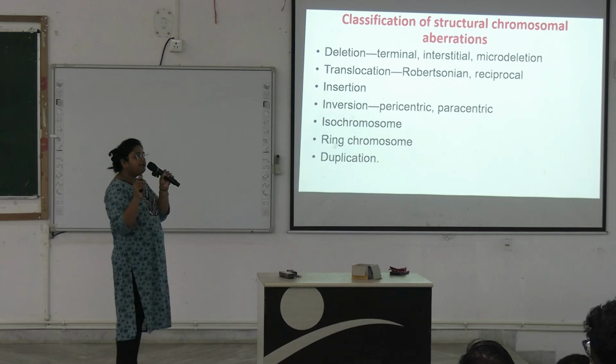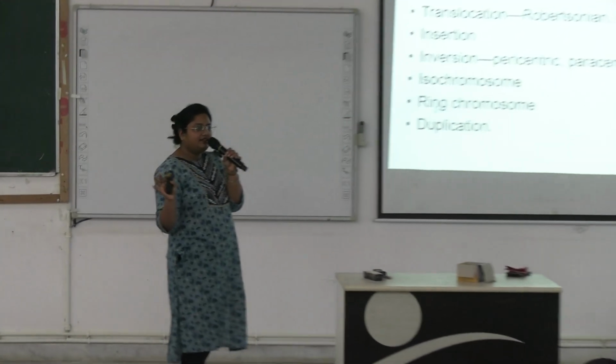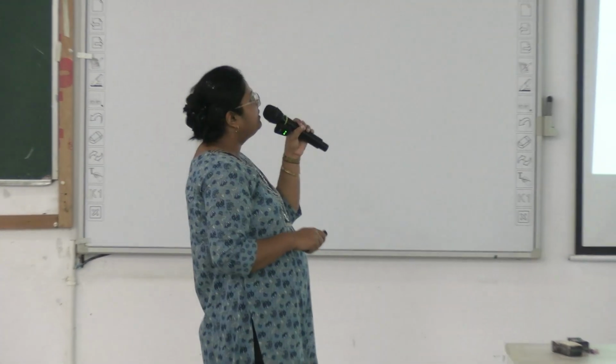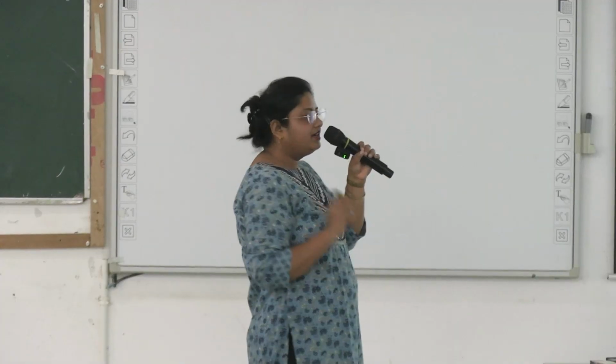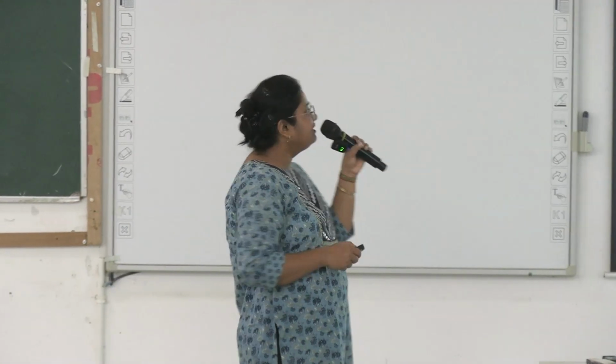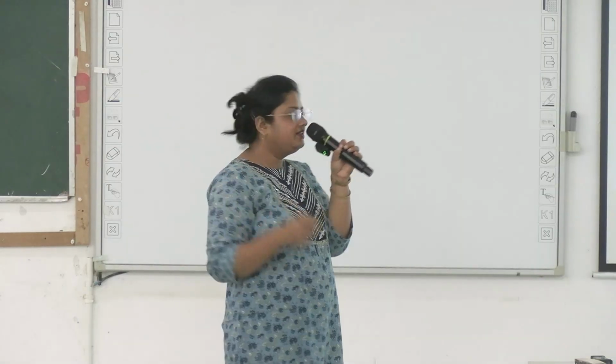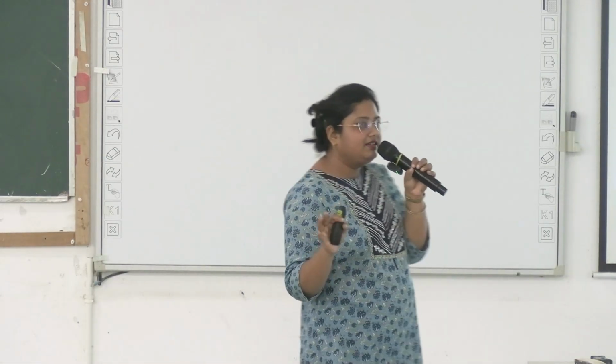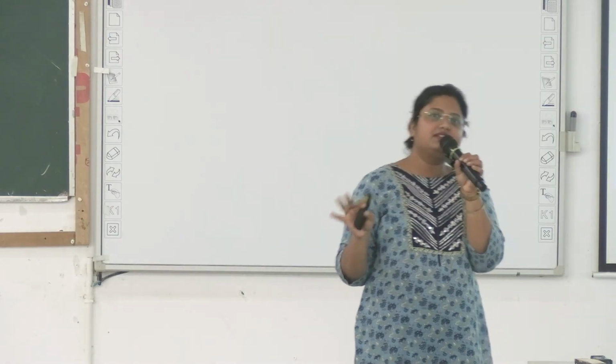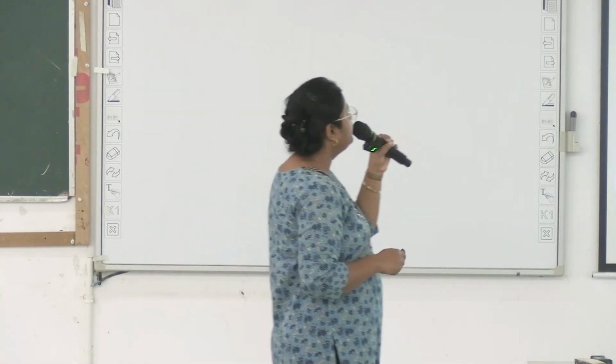Deletion means some part of the chromosome is deleted. It can be of different types: terminal deletion, where the terminal part of the chromosome is deleted; interstitial deletion, where a small middle part is deleted; and microdeletion, where a very small part is deleted from the chromosome. So these are the three different types of deletion.